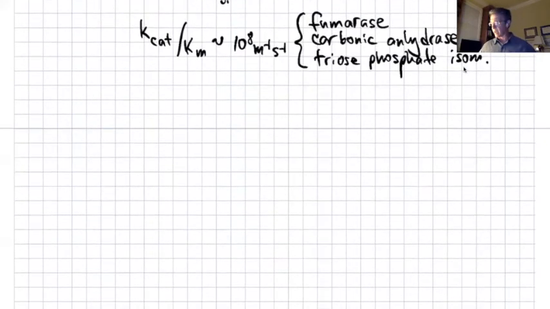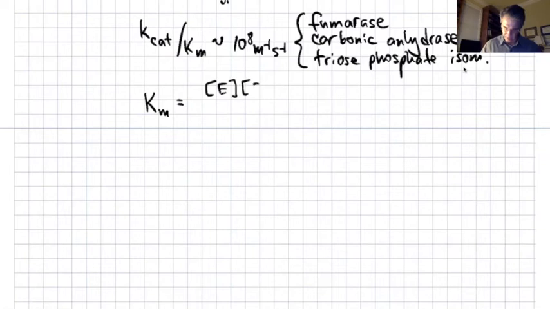And this is where we come back to that definition I gave you guys before for Km, right? As this apparent dissociation constant between the free enzyme, substrate, and all possible bound forms of the enzyme, right? Now, I'm not going to go through it.